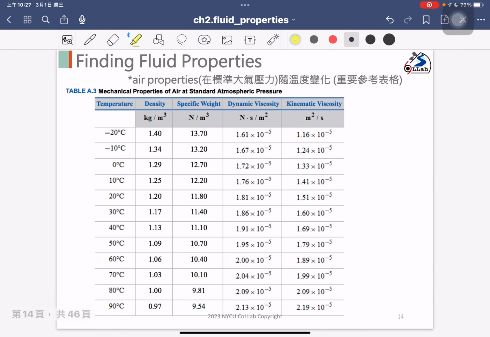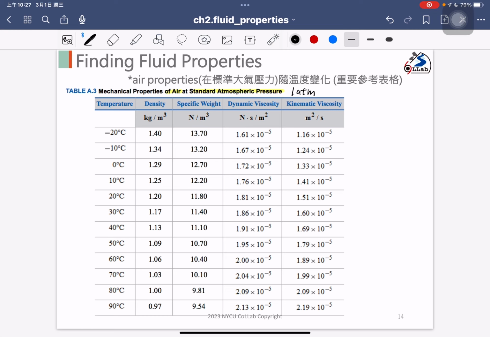Okay, this is also a good table. It shows the physical properties, and the target is the air, especially under standard atmospheric pressure. That indicates the pressure is kept at 1 atm. The pressure is kept constant, but we see the different responses to the temperature.